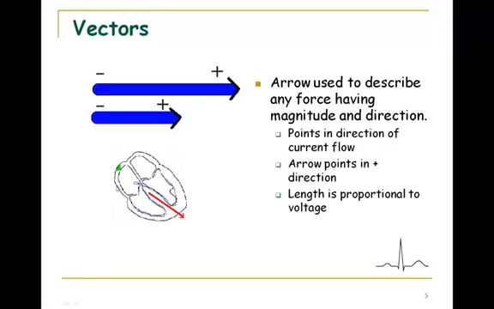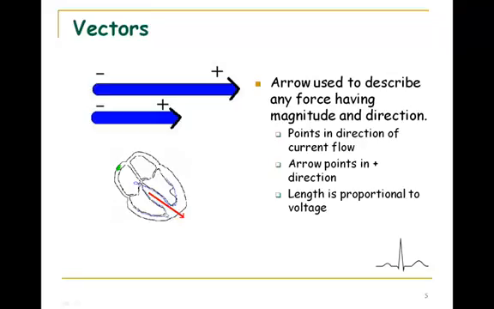So in this picture here, I have this big red arrow, which is representing the vector that would represent depolarization of the ventricles. It's a very large vector because the ventricles represent a very large muscle mass. And it runs a little bit down and a little bit to your left because that represents the average current flow through the ventricles.